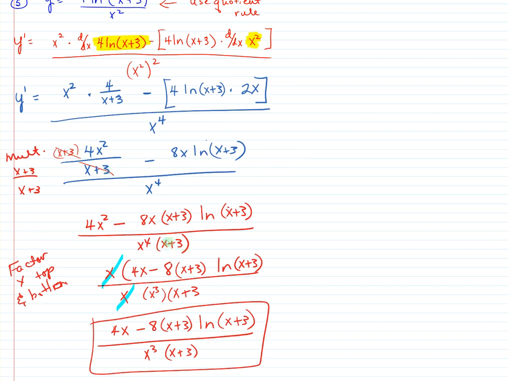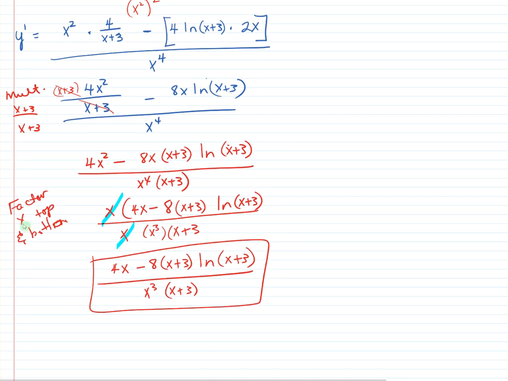And then I've got it down here because I multiplied it times this as well. So now I have 4x squared minus 8x times x plus 3, because I had to multiply it both there and there. And then ln x plus 3 over x to the 4th times x plus 3. What that did was get rid of our fraction here.